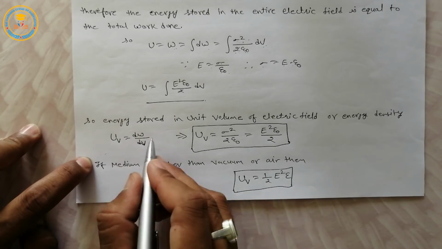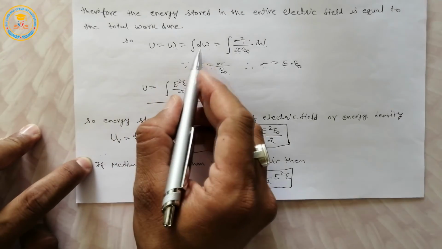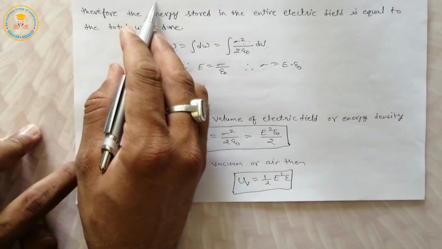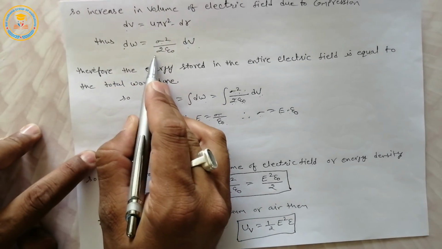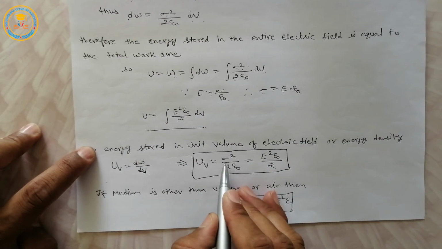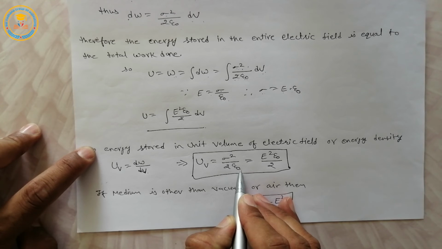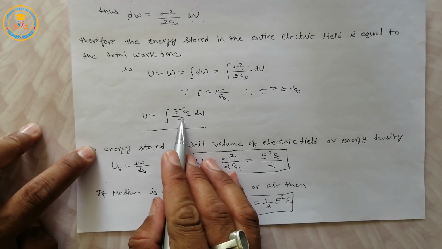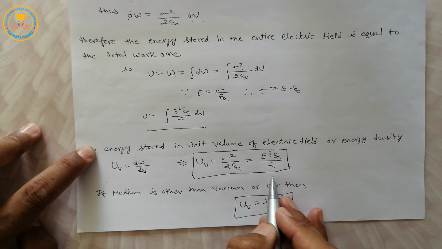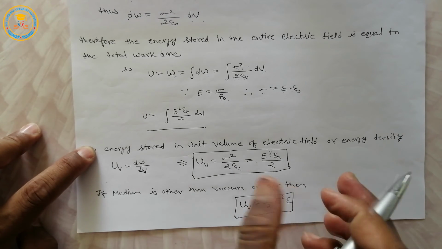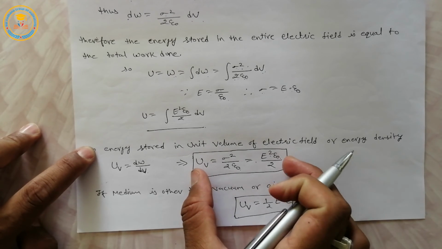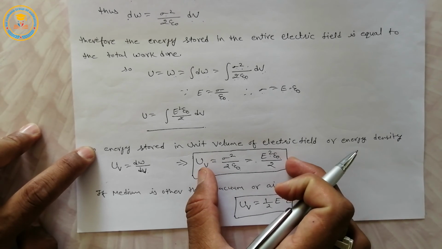UV is equal to dW upon dV. So this equation divided by dV, then we get UV is equal to sigma square upon 2 epsilon naught, which in other form is E square epsilon naught upon 2. Okay, this is the expression for energy stored in unit volume of electric field.